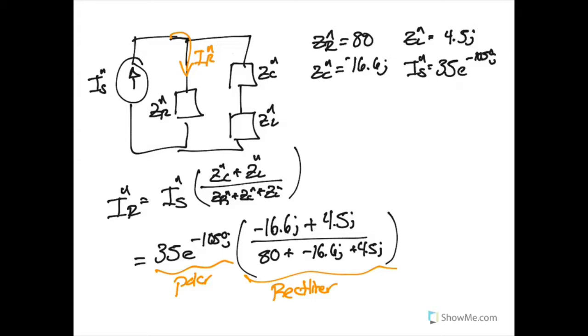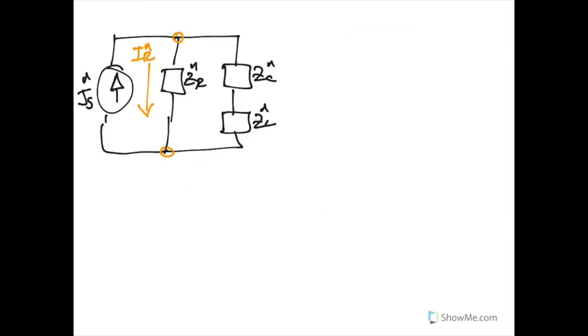But either way that you enter it, the value of this should be negative 5.23 plus 0.58 J. And again, remember, because we started this original problem in milliamps, this result right here will be in milliamps as well. But this is the phasor form of the current running through the resistor.